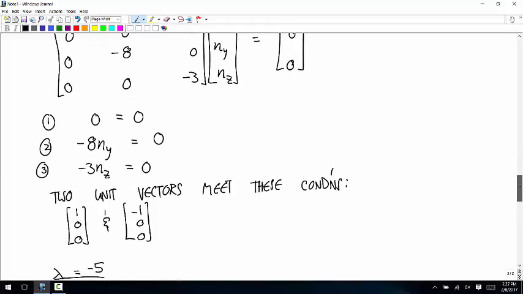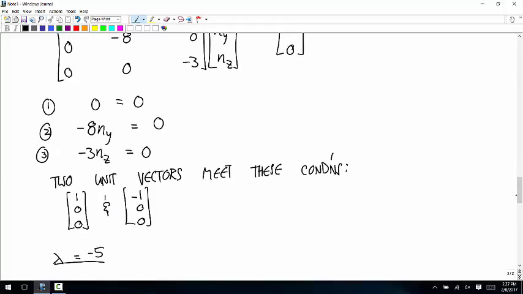There just are only two possible vectors that have a length of 1 and have y and z components equal to 0. Those are 1, 0, 0 and negative 1, 0, 0. You can try anything else you want, 56, 0, 0. That meets those conditions, but it's not a unit vector.